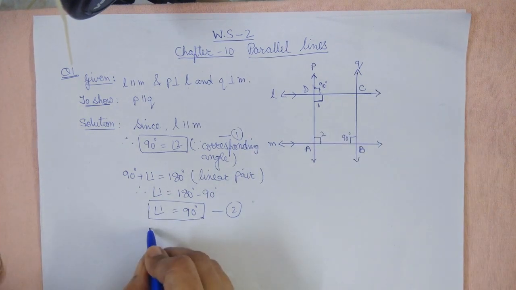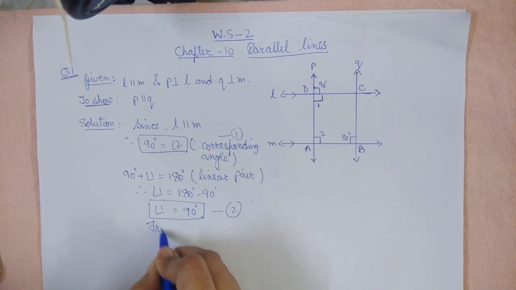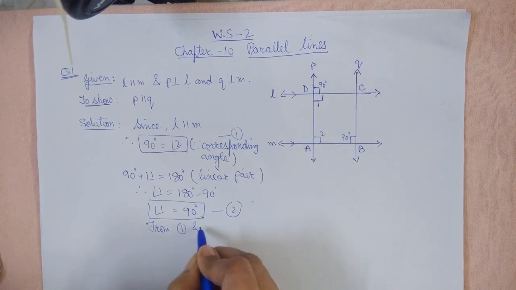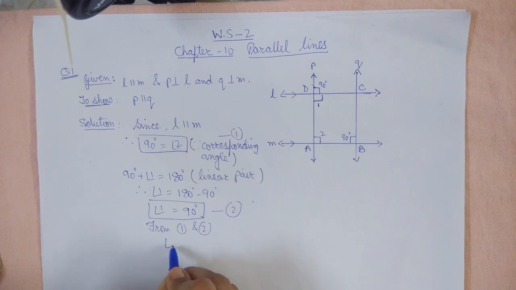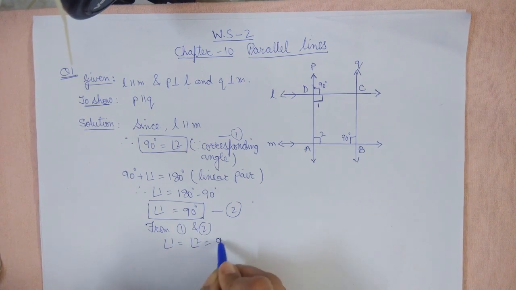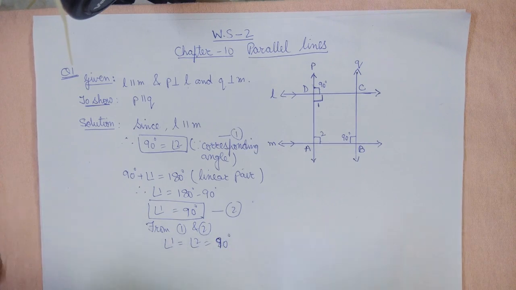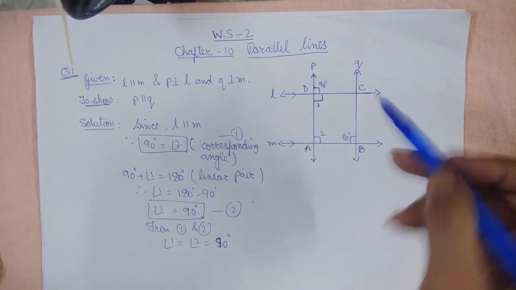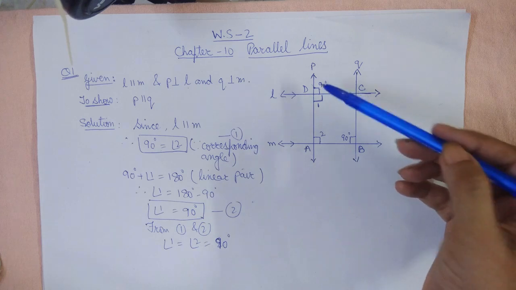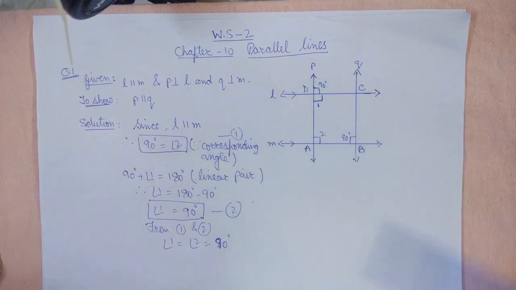So from first and second, what result will you get? Angle 1 equals angle 2 equals 90 degree. Now what do we have to prove? We have to prove P parallel Q.